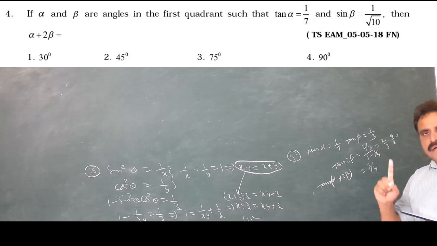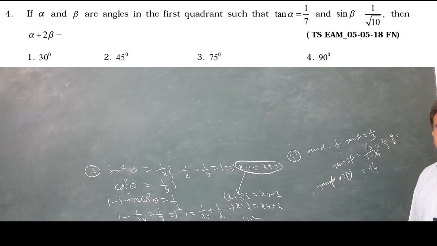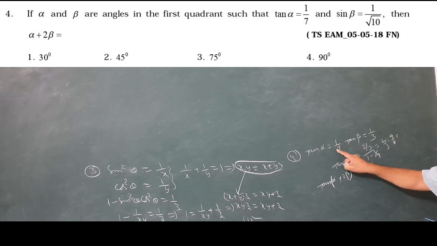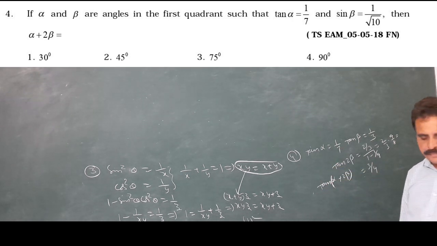Simplify that, we get 1. So alpha plus 2 beta is pi by 4. Check that, that is option 2. Here the shortcut formula is m by n, n minus m by m plus n. If the ratios are like that, the sum of the angles is 45 degrees.